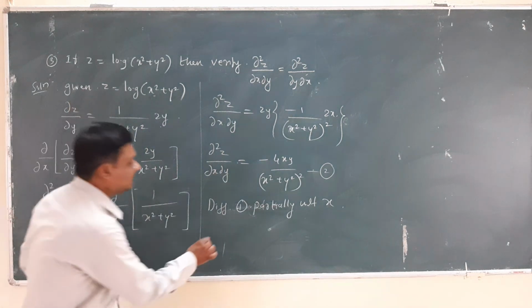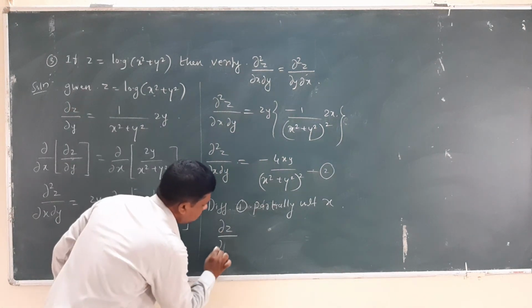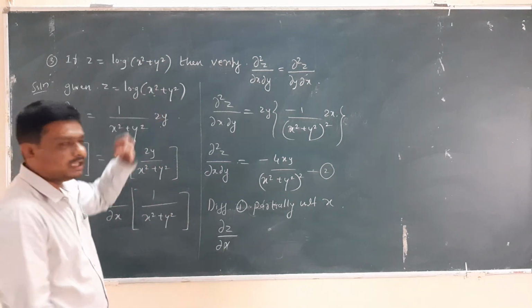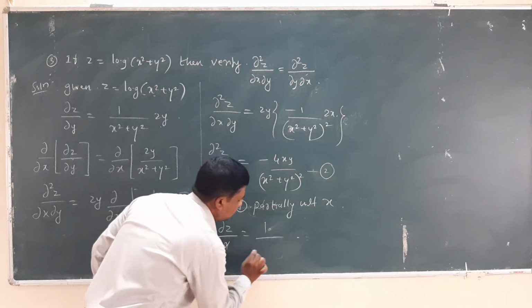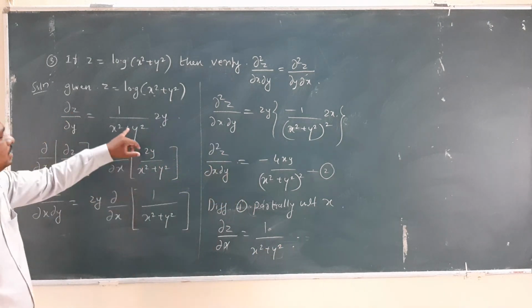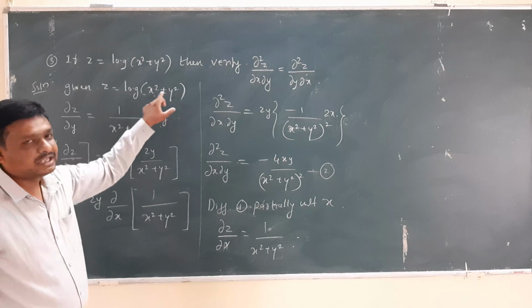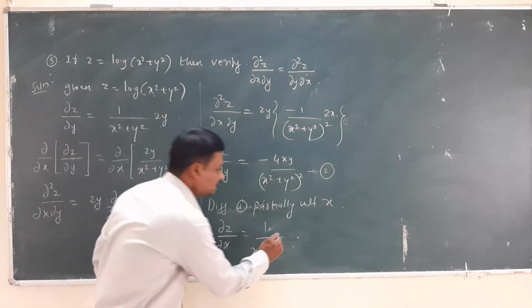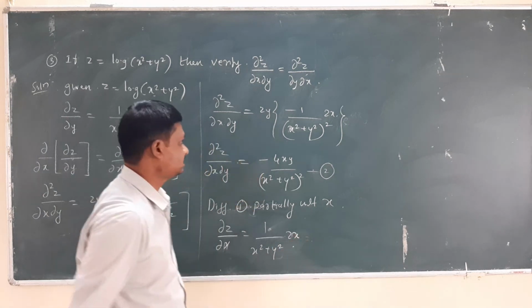So this becomes ∂z/∂x. The derivative of log is 1 upon the argument. Now x² + y² is remaining here. The derivative of y² is 0, and the derivative of x² is 2x.